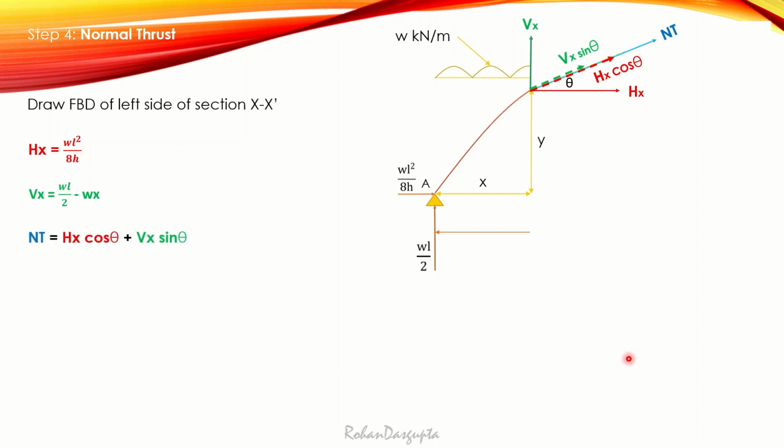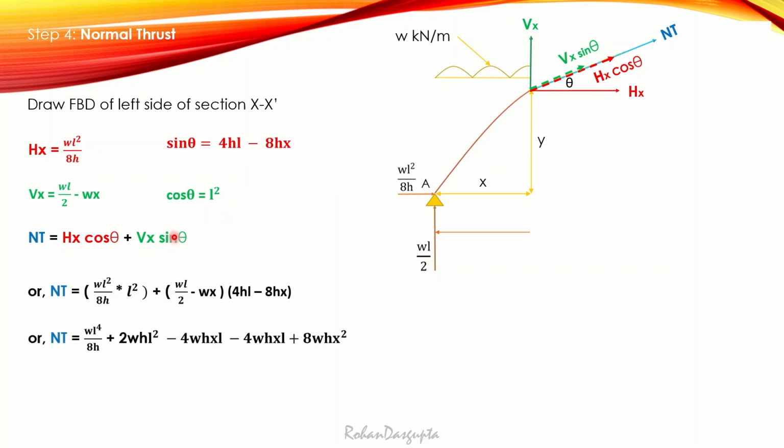Therefore, if I have to write down the equation of NT, we have hx cos theta plus Vx sine theta. Now again, the values of sine theta and cos theta are known to you. Since the angle is the same, the values will also be the same. So simply I will put these four values, and then I will open the brackets, and then maybe I will simplify it a little further.